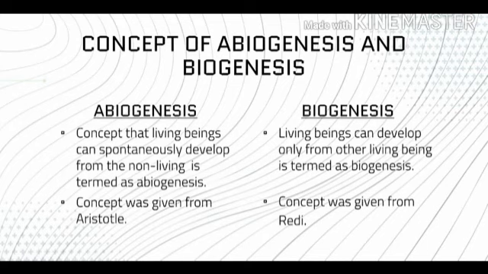It is a process that living things can spontaneously develop from the non-living thing, is termed as abiogenesis, whereas biogenesis is a concept that all living things arise from their parents. Living beings can develop only from other living beings is termed as biogenesis. Or we can say that life always comes from life.